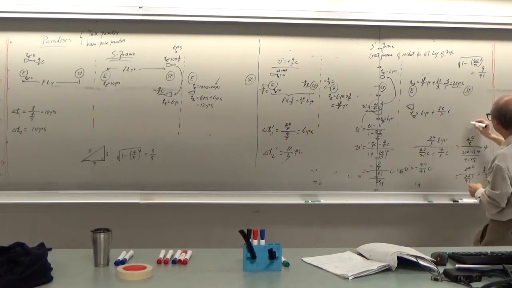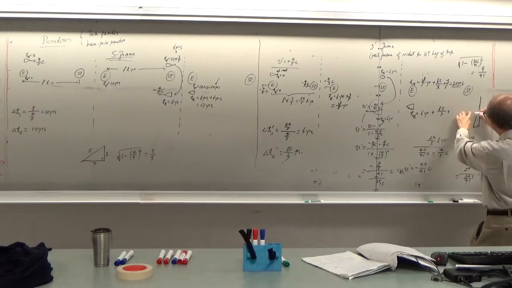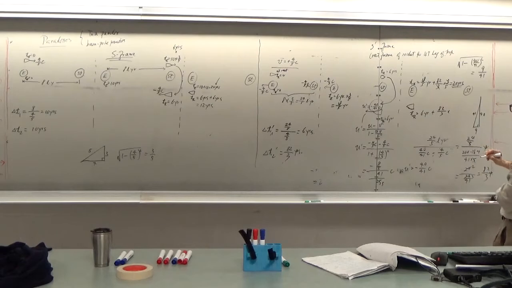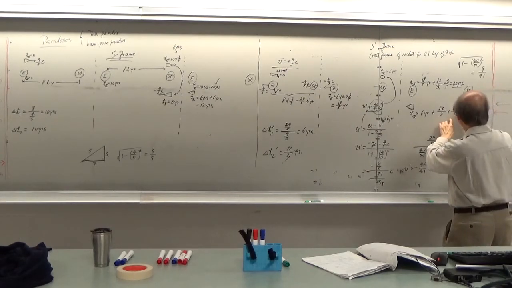Namely, there is a triangle with the hypotenuse being 41, with one side 40, and the other side 9. So the dilation factor is 9 over 41.